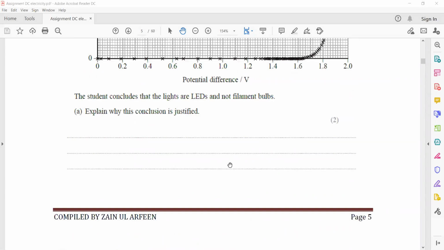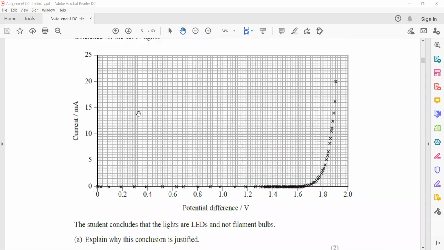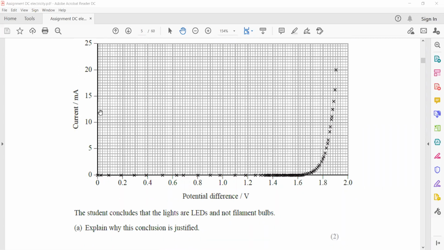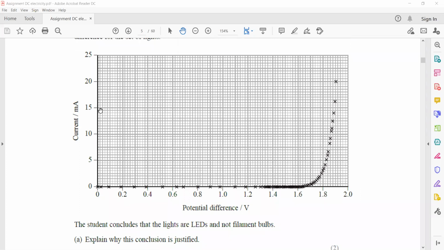So we will use this graph. 15 milliampere, or what you can do, you can find the total resistance and then use a formula for equivalent resistance. 0.00125 ampere, that's the current in one LED, and then you need the resistance.